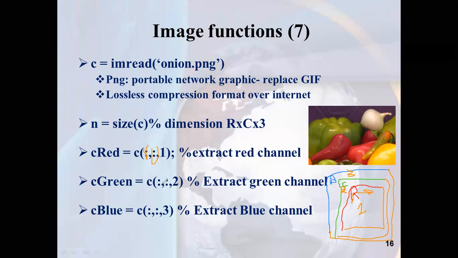So to have all the red matrix, it is C(:,:,1). We call it the red channel. To extract the green channel, it's the second channel, so C(:,:,2), and C blue for 3. In this case, we have 3 matrices because it's an RGB color image.